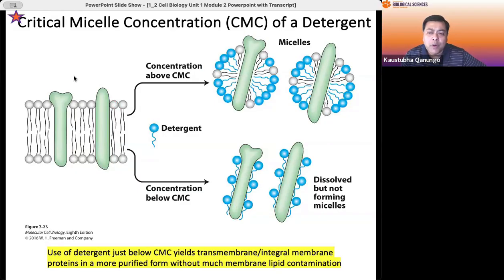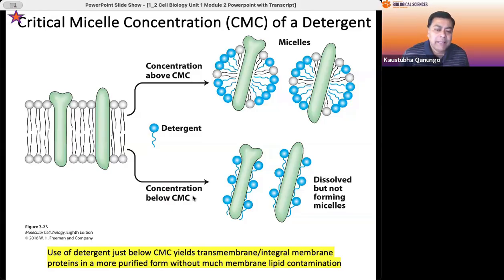All right. So here what we are looking at is the concept of the critical micelle concentration, or CMC, of a detergent. This actually tells you too much soap is not good either. So you have to use an optimum concentration of the detergents, depending upon what it is. For particularly membrane biology, if you want to extract the proteins in a much purer form, then you use the detergent below its critical micellar concentration.